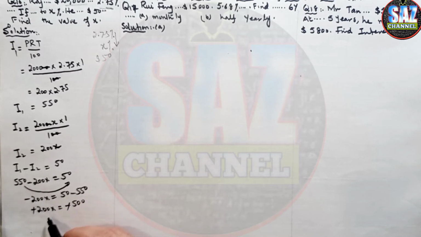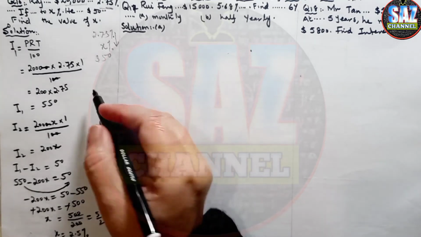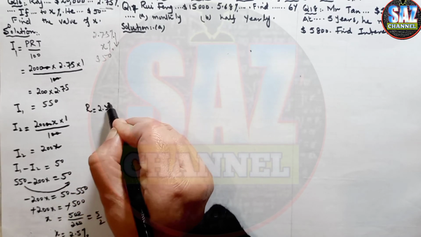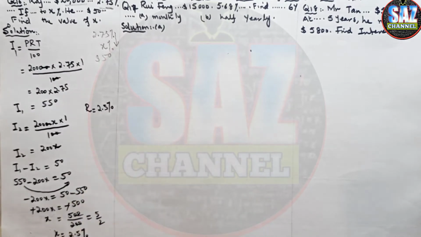Minus sign will go with this minus sign, and x equals 500 upon 200. These two zeros will go, and x will be equal to 5 by 2, and x will be equal to 2.5%. So we have to find the interest rate, so rate will be 2.5%. I hope you are clear about this question. And let's move to the next question.